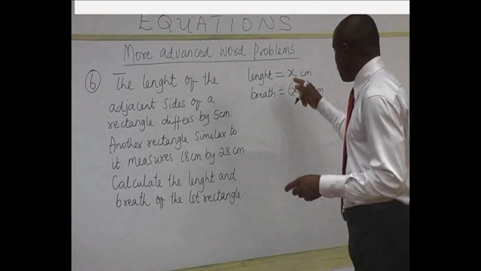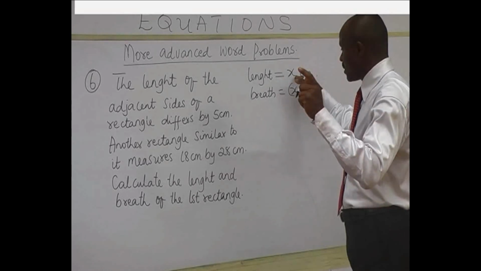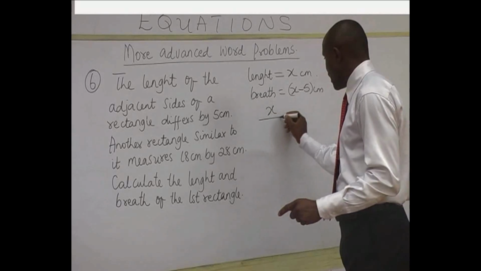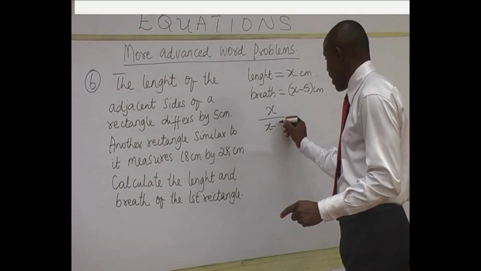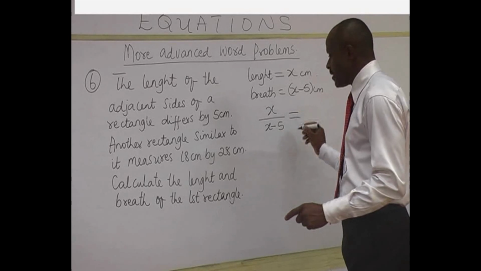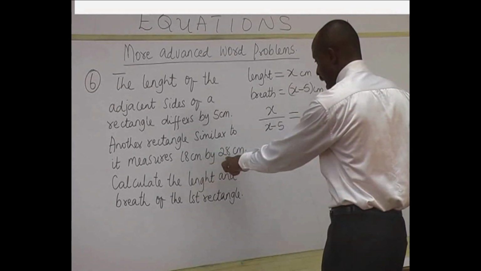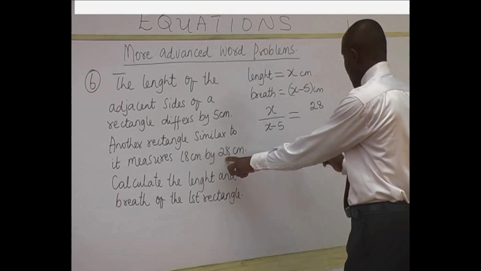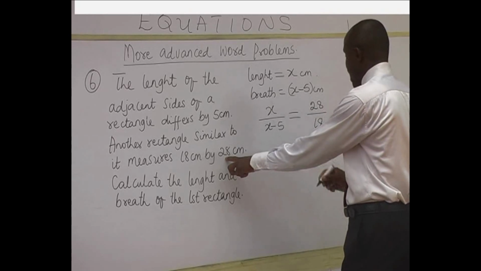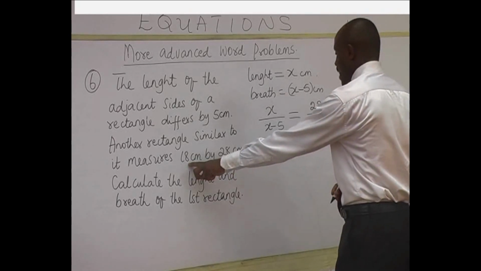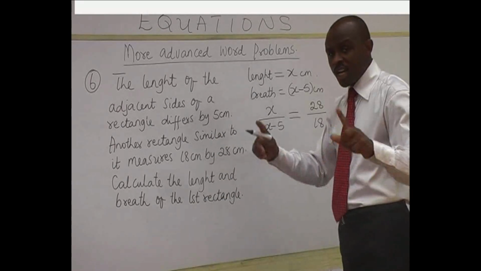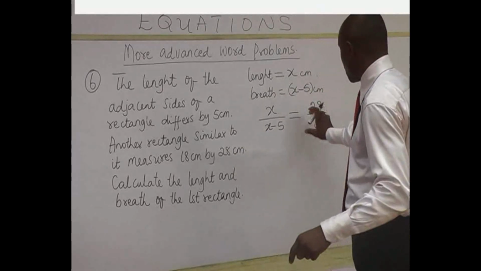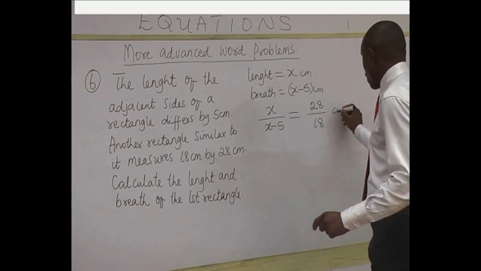Now, if this is the length of the first rectangle and this is the breadth, then x, which is the length, divided by the breadth, which is x minus 5, is going to be the same as the length, which is 28, of the second rectangle, divided by 18, which is the breadth of the second rectangle, if at all the two rectangles are similar. That means this equation is correct. Cross multiply.